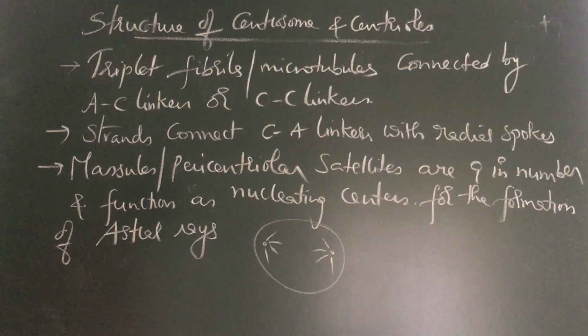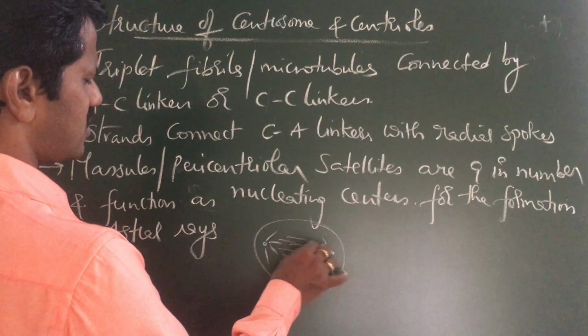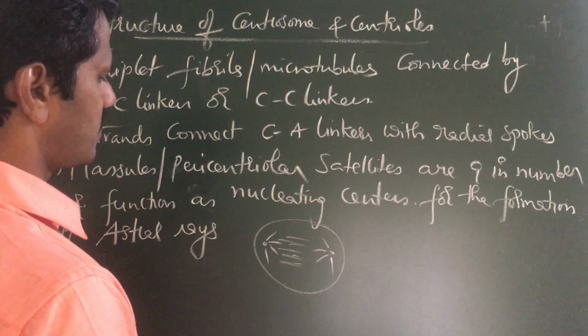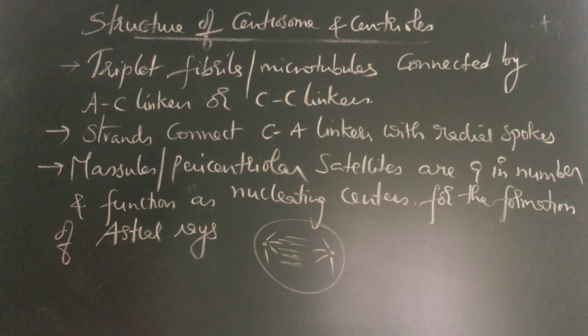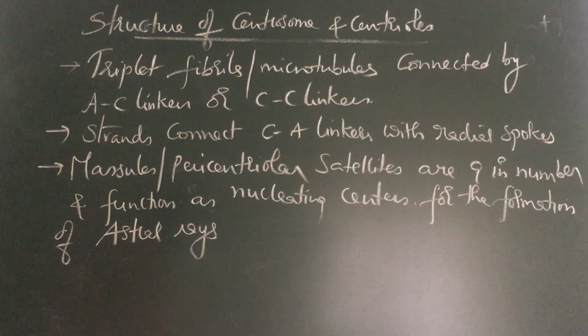Astral rays form a star-like appearance during mitosis. That forms the spindle fibers. Later, spindle fibers originate from this for the attachment of microtubules. We will study this in detail in the cell division chapter.